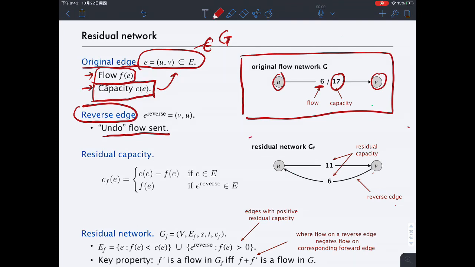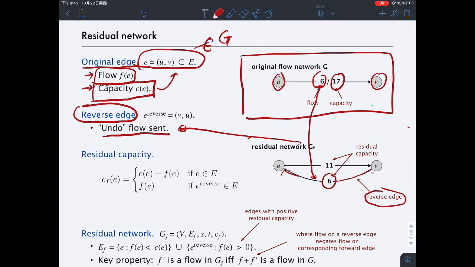In the residual network, we introduce a so-called reverse edge, pointing from V to U, and its capacity is simply the flow value. This represents the fact that we can regret 6 units: we can undo 1 unit of flow from U to V, or 2 units, and so on, up to 6 units.